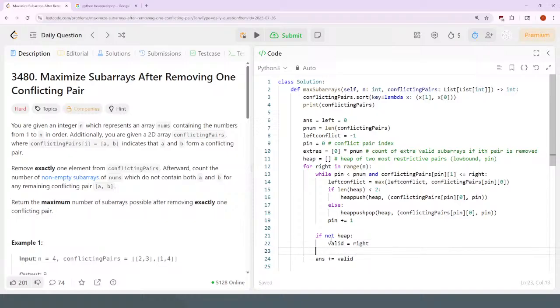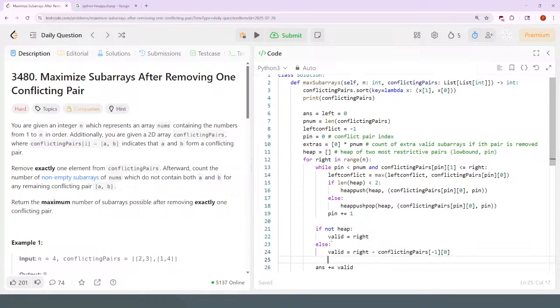So if the valid's 1, then it's going from 0, 0. If there is a heap, then the valid is equal to right minus the last pair, the 0 of that, which is the left bound.